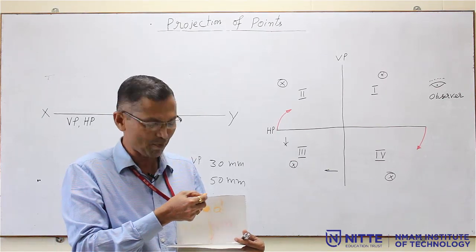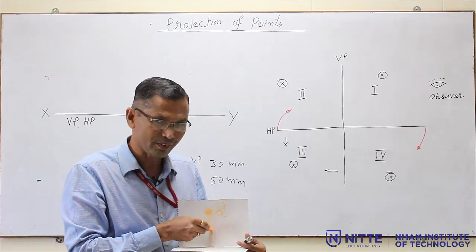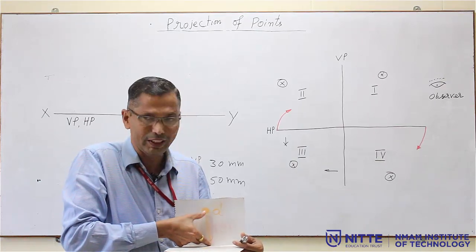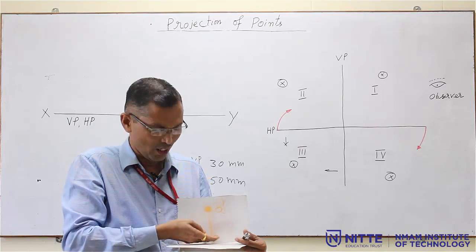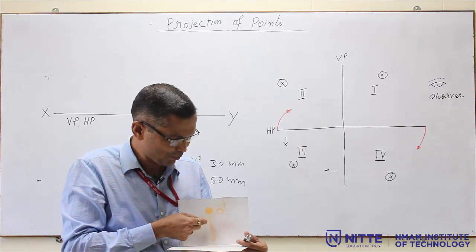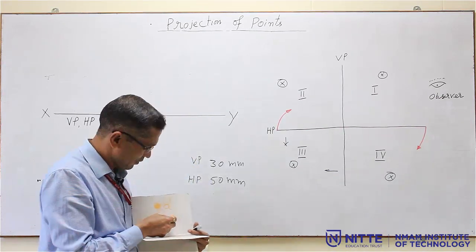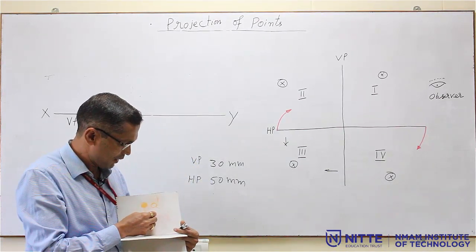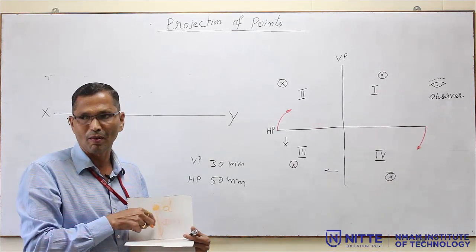The view which is represented on VP shows how much the point is above HP. In this example it is 50 mm.